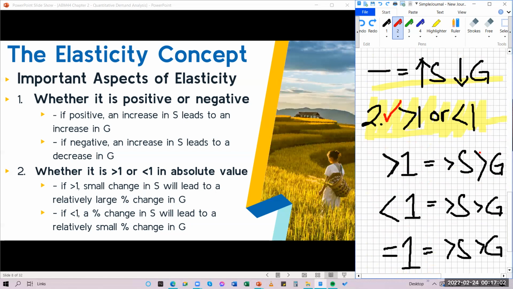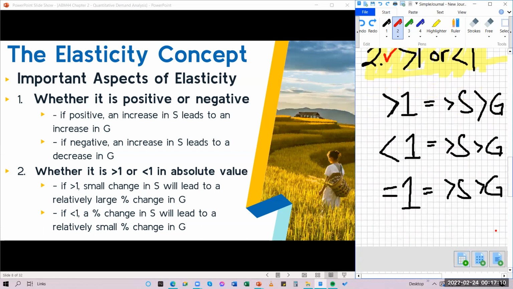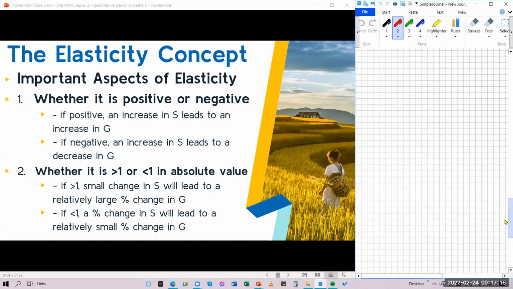So these are the two aspects that again you need to consider. The interpretation with our result goes something like this.